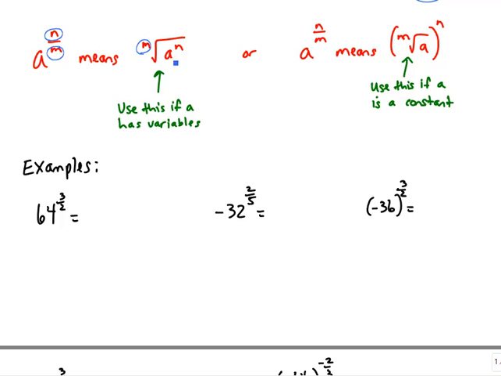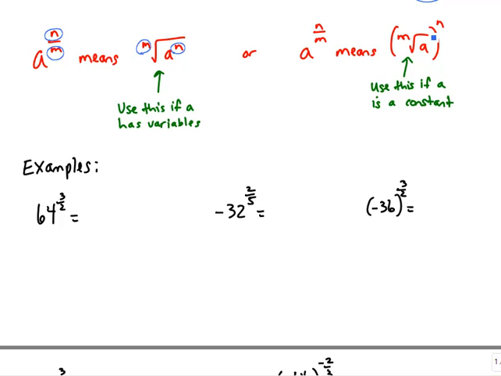Now we can do this in two ways. We can raise just the a to the n, or we can raise the entire expression, the mth root of a, to the n. Sometimes it's more helpful to think of it this way, where you use that power of n on the inside of the radical, and sometimes it's more useful to do the mth root first and then the power.